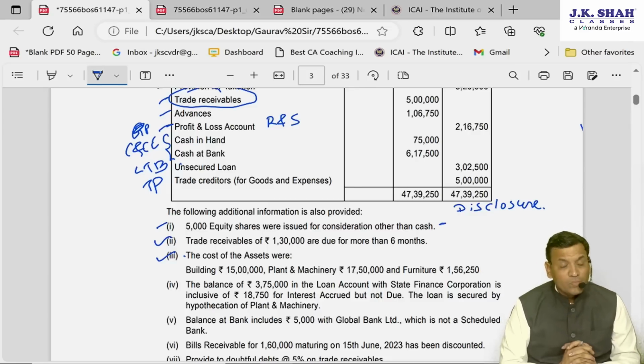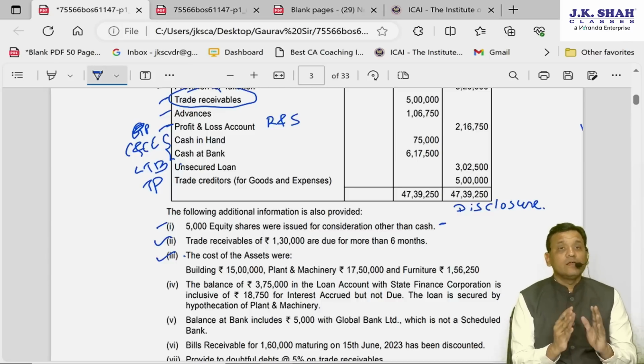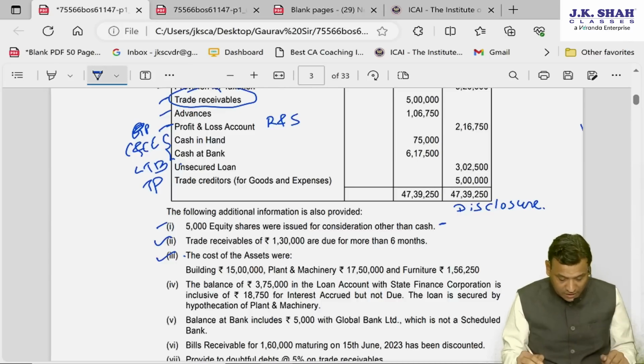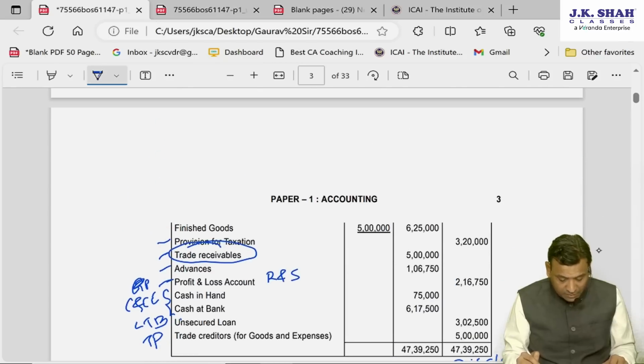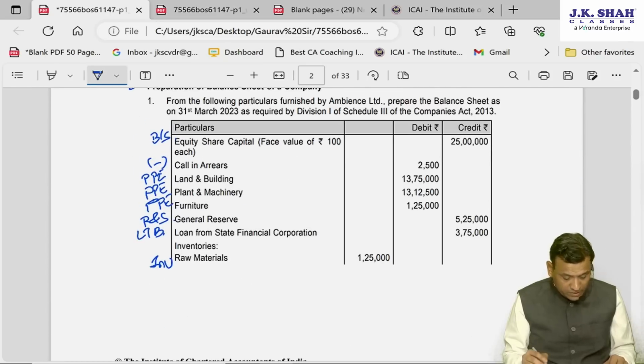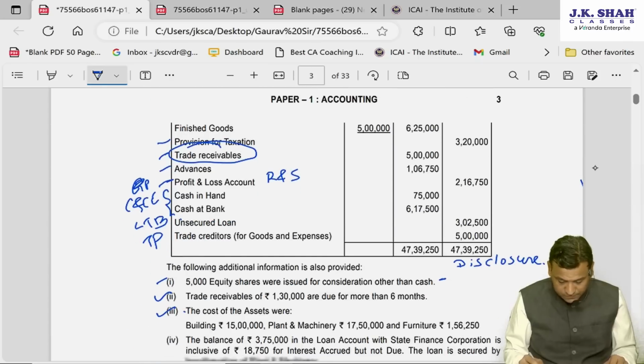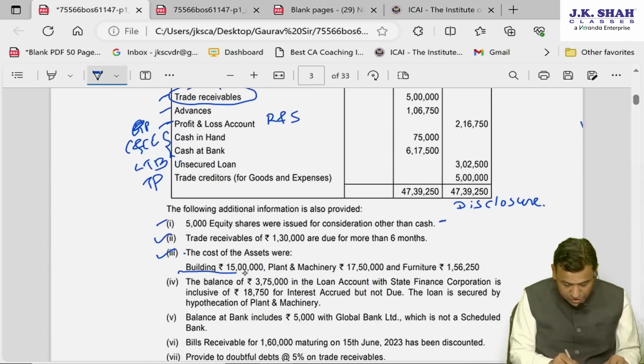What does it indicate? It indicates that in our trial balance, they have given us all these 3 items, that is building, plant and machinery, and furniture at WDV. This is the WDV, and this amount is the original cost.